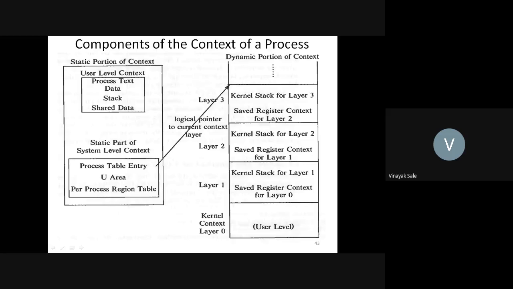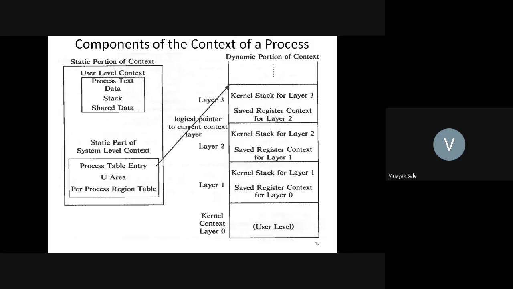See in this figure, the left side portion is the static portion of context, which consists of two parts: user level context, in that the process text, data, stack, and shared data; then another part is the static part of system level context, that is the process table entry, user area, and per process region table. And the right side is the dynamic portion of context.